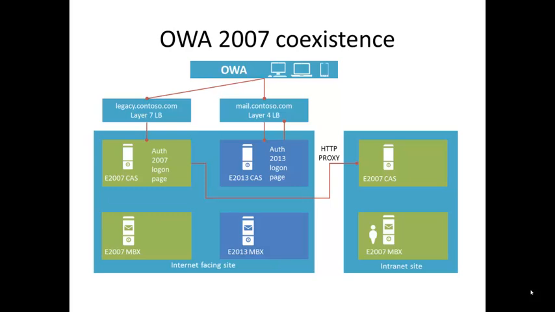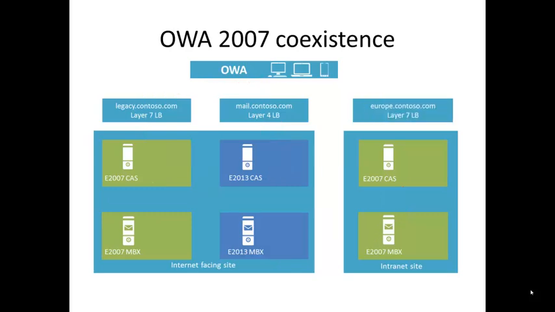In this case, the request will be proxied from one 2007 server to another 2007 server, and then the data is retrieved from this Mailbox server. If we have an internet-facing site there with an additional namespace, europe.contoso.com, the virtual directory will be configured with this URL and we will be redirected to this site directly.